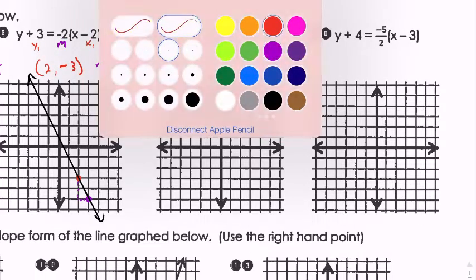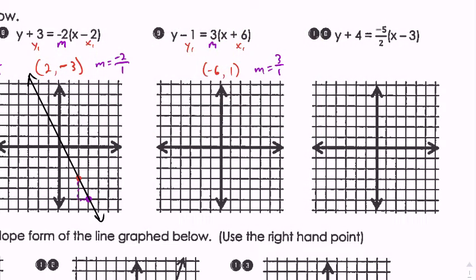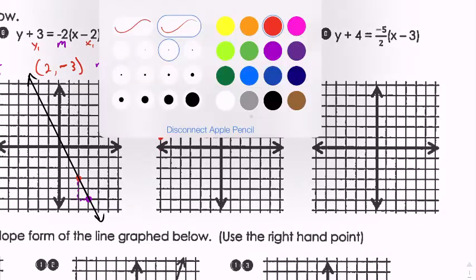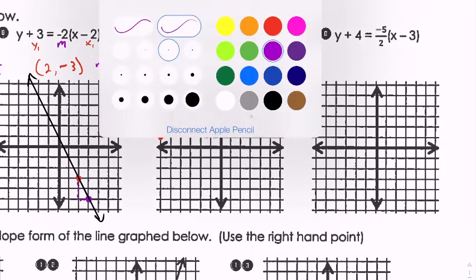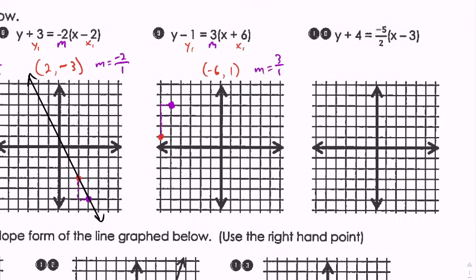Okay, and so now we plot our first point, negative 6, 1. So 1, 2, 3, 4, 5, negative 6, and then up to positive 1. There's our point. Now we follow our slope, up 3: 1, 2, 3, to the right 1. There's our point. And now once we have 2 points, we can draw a line. Again, please use a ruler or straight edge.